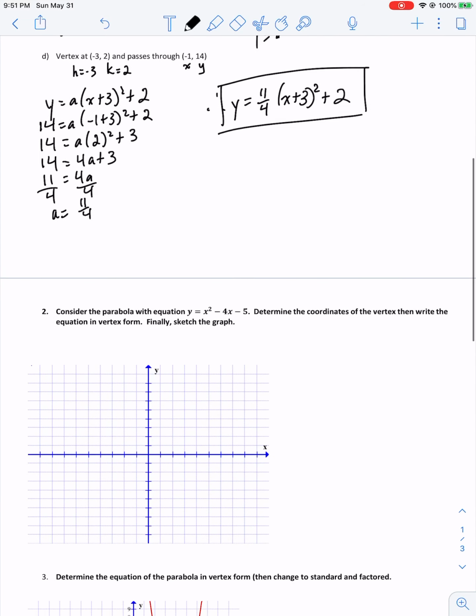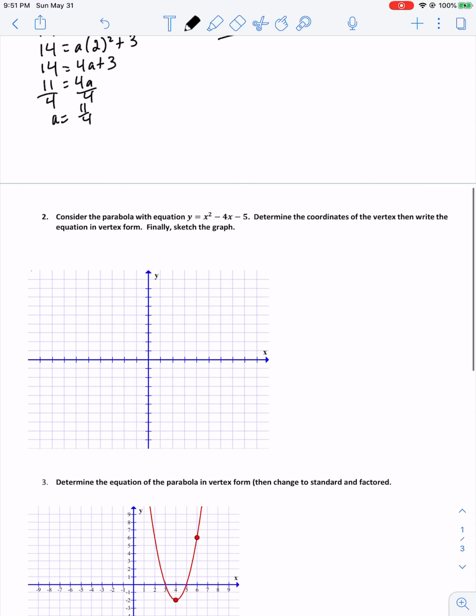Okay. All right, consider the parabola with equation y equals x squared minus 4x minus 5. Determine the coordinates of the vertex, then write the equation in vertex form. And finally, sketch the graph. So the only way we know right now to find the vertex is to factor it and average the zeros.